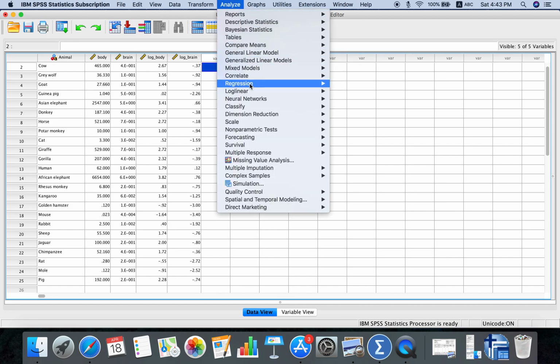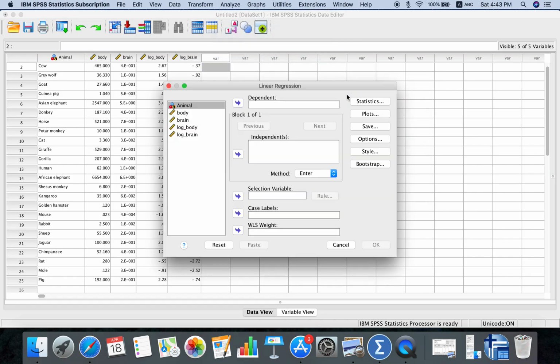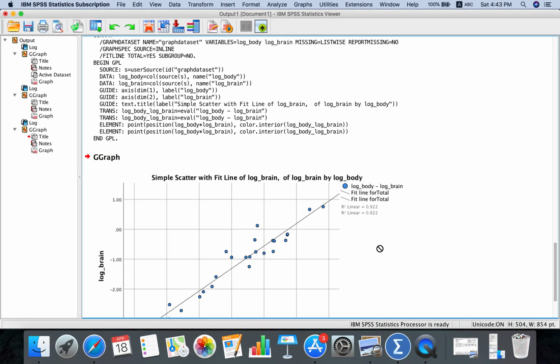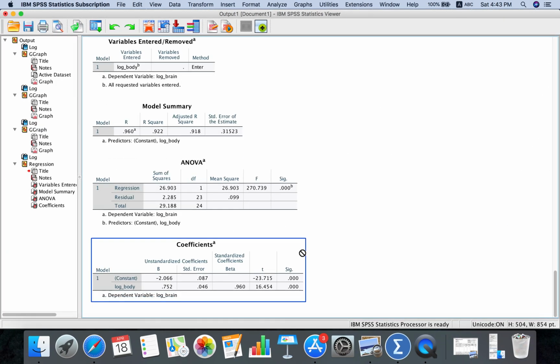analyze. On the regression, we choose linear regression. Okay, so the dependent variable will be the log of the brain. The independent would be the log of the body. Okay, you can click OK. So the result of the linear regression comes out over here.